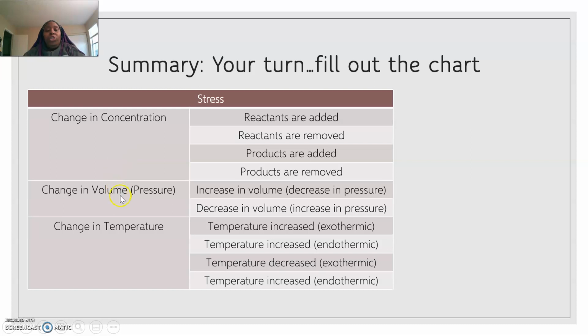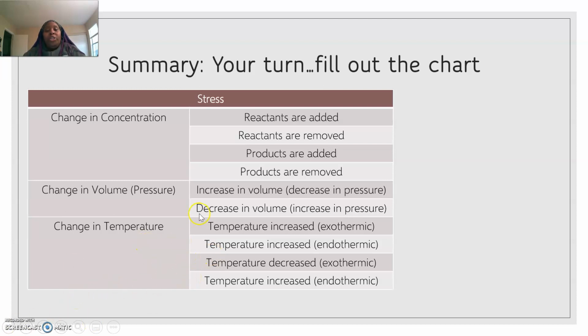For the second, which is changes in volume, remember that's going to affect the pressure. If you increase the volume, which means a decrease in pressure, that means the system has more space to create as many moles of a substance it wants to. So it's going to shift to the side that has the most moles because the system has the space to accommodate those moles.